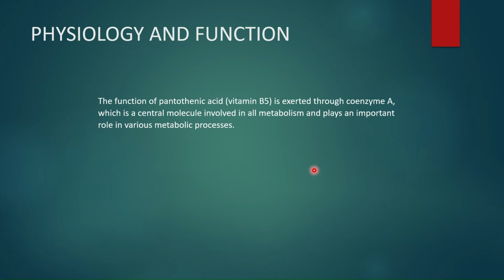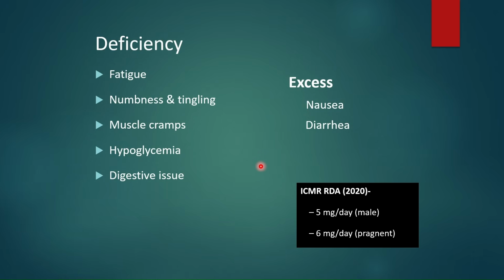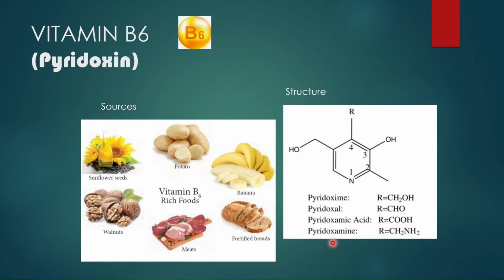Deficiency of pantothenic acid includes fatigue, numbness and tingling, muscle cramps, hypoglycemia, digestive issues, etc. Excess of pantothenic acid may cause nausea, diarrhea, etc. The ICMR recommended daily allowance for pantothenic acid is 5 mg per day for both sexes and 6 mg per day for pregnant women.